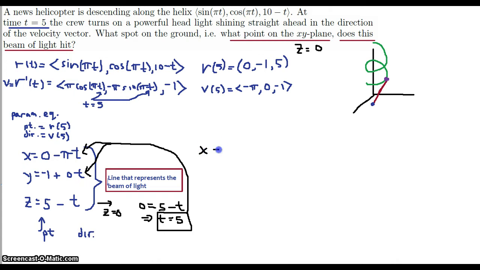We'll find out that x is -5 pi and y is -1. So that's the coordinates for this point. That's the answer to the question. It's not drawn to scale or anything like that.